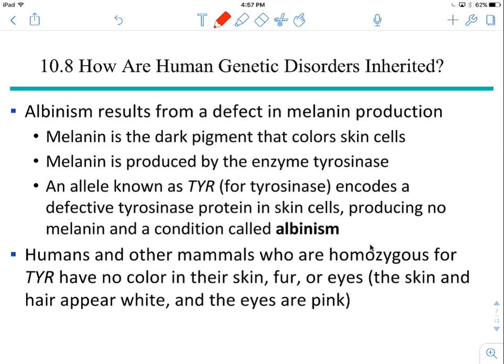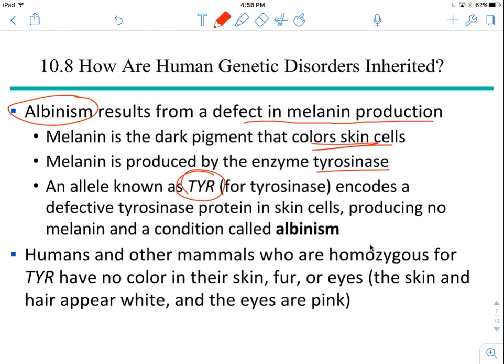Okay, we're going to go through a couple of genetic disorders quickly, just to give you some background information on disorders you should be familiar with. First one is albinism. It's a defect in the production of melanin, the pigment in the skin which gives color to skin cells. Melanin is produced by the enzyme tyrosinase, and the gene for tyrosinase is the TYR gene.